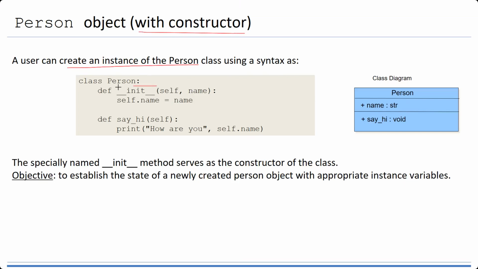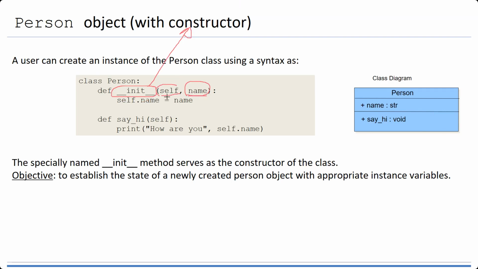In this case, I'm using this __init__. This we call the constructor. And in this constructor, we have one attribute or one data member. This data is about the person's name.